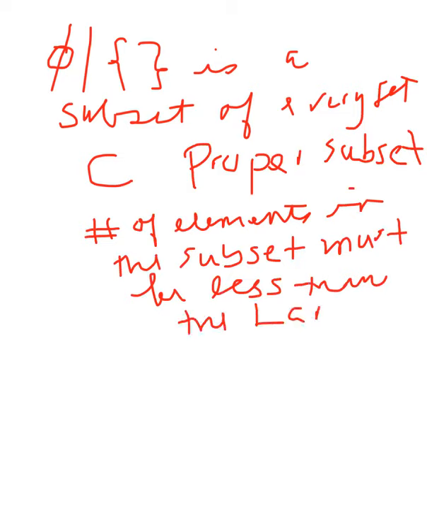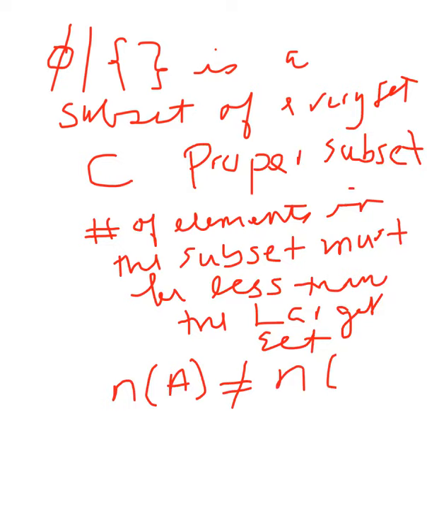In other words, the number of elements in set A cannot equal the number of elements in set B. So if set A is a subset of set B, the number of elements in set A must be less than the number of elements in set B in order for set A to be a proper subset.